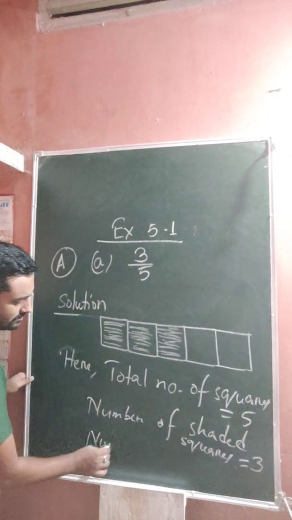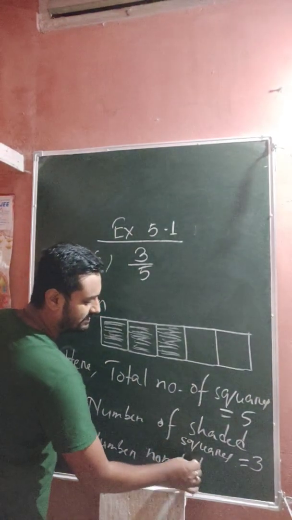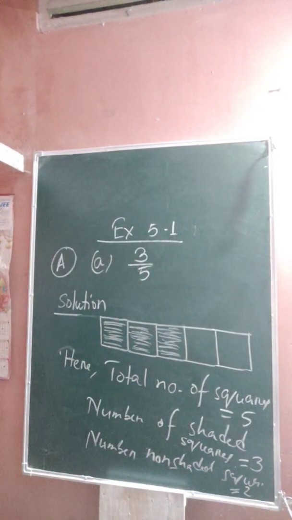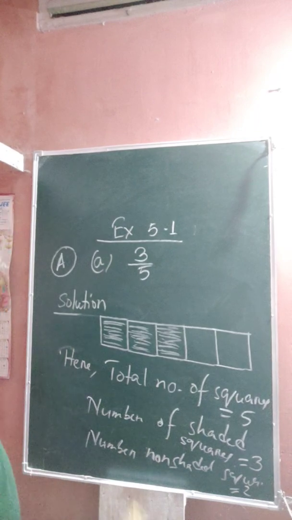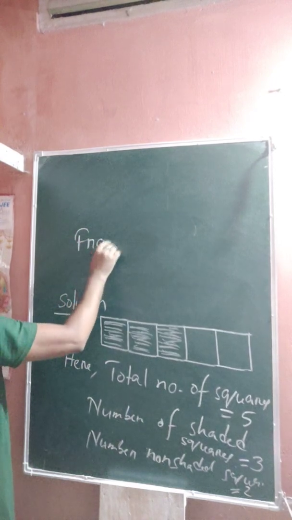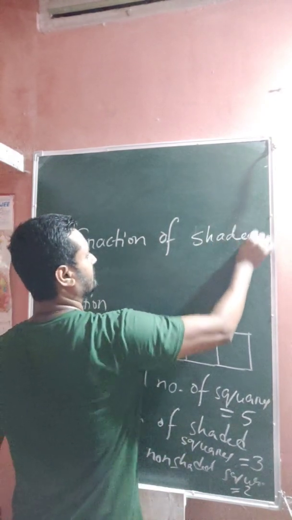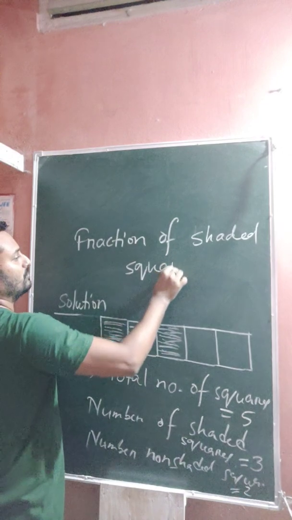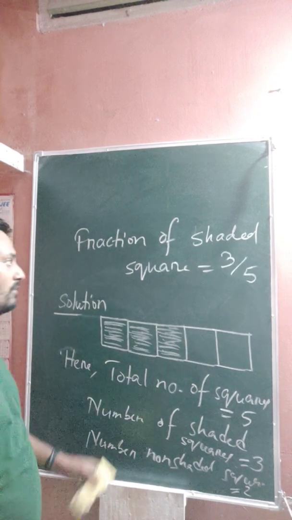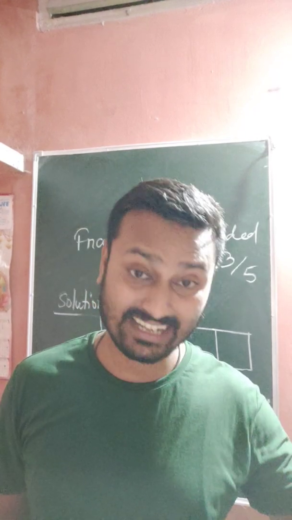Or number of non-shaded squares is 2. Okay, so therefore you just write after this: 3 by 5 shows the fraction of shaded squares. Fraction of shaded squares is what? 3 by 5. So this is the geometrical representation of the fraction 3 by 5, or the representation of 3 by 5 with any geometrical figure.